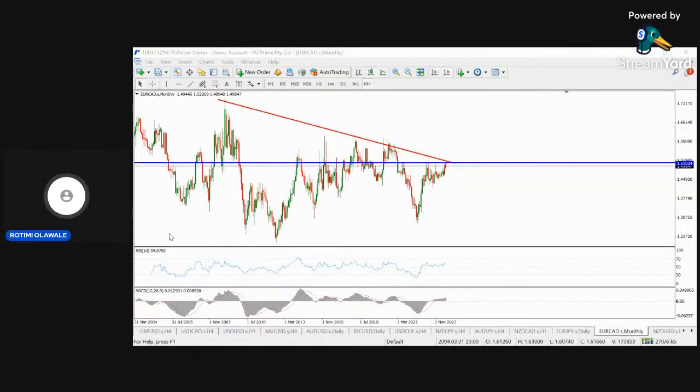Now, from the monthly time frame, we can clearly see that price is on a downtrend on this instrument. Price has been trending downwards, and price equally hits a resistance level. Let me just mark it with the shapes. You can see there has been a downtrend right here.